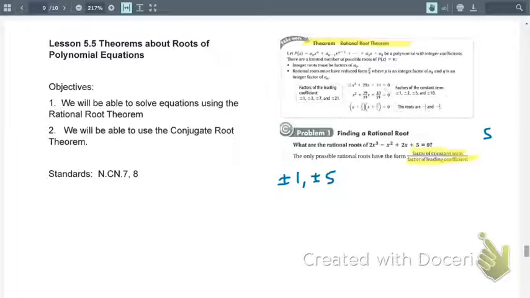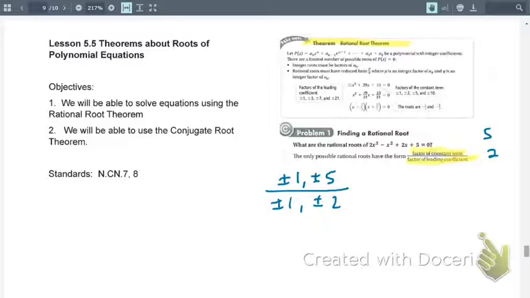Now, the factors of the leading coefficient. The leading coefficient is 2, so the factors of 2 are plus or minus 1 and plus or minus 2.